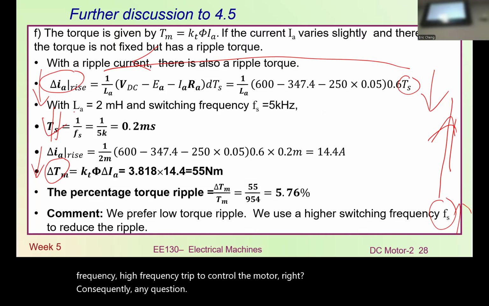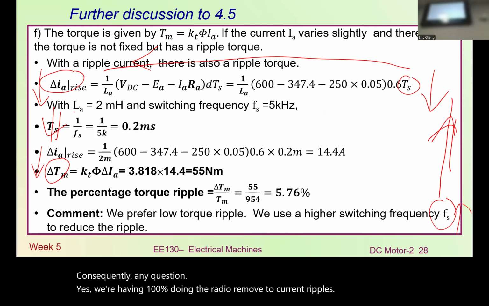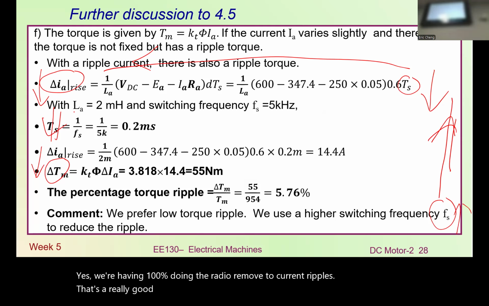Yes? What about having a 100% duty ratio? Current ripple. That's a really good question. If at 100% we just fully turn on the transistor, we put in full voltage to the motor, then it is full DC to the motor, so we don't have anything happening, we don't have any ripple.